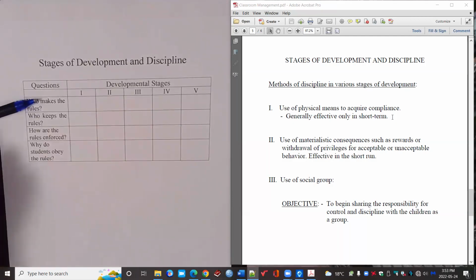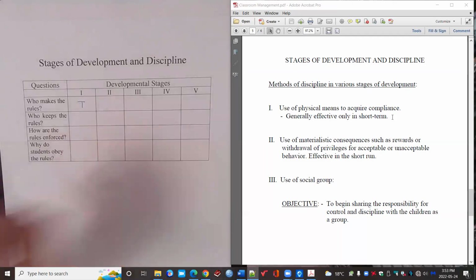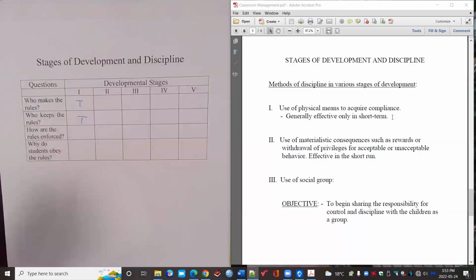Is that right? Teacher will have to do that. Students are still too young, egocentric at stage 1. Who keeps the rules? Teacher. The students are still too young and they may not remember.